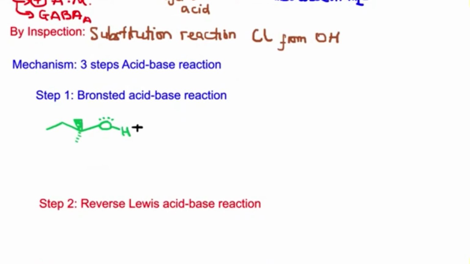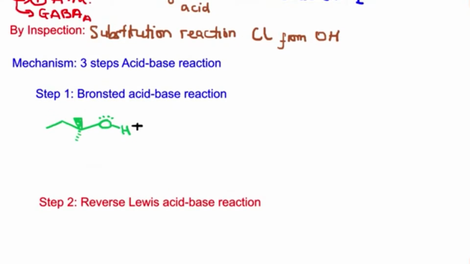Now, looking at the mechanism, we have 3 steps that lead to the formation of the main product. First is a Brønsted acid-base reaction, where the tetrapentyl alcohol acts as a base and accepts a proton from the hydronium ion, where the chloride ion is known to be a spectator.